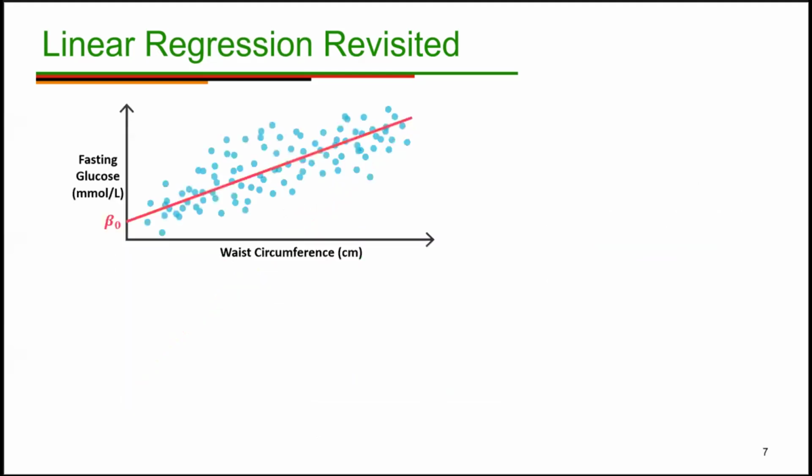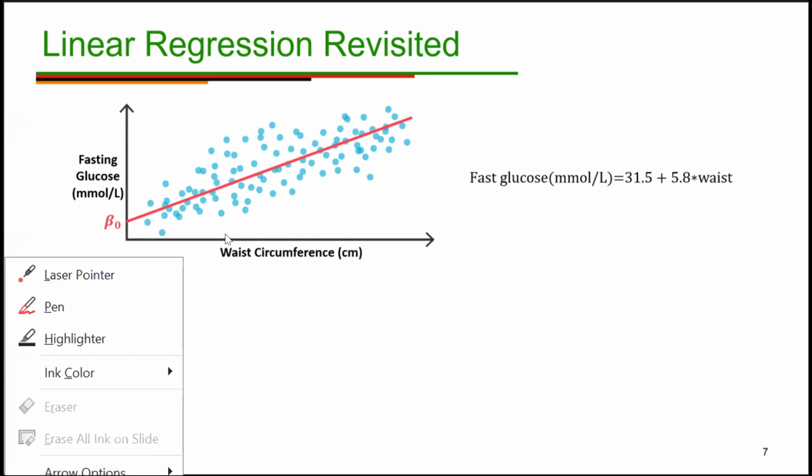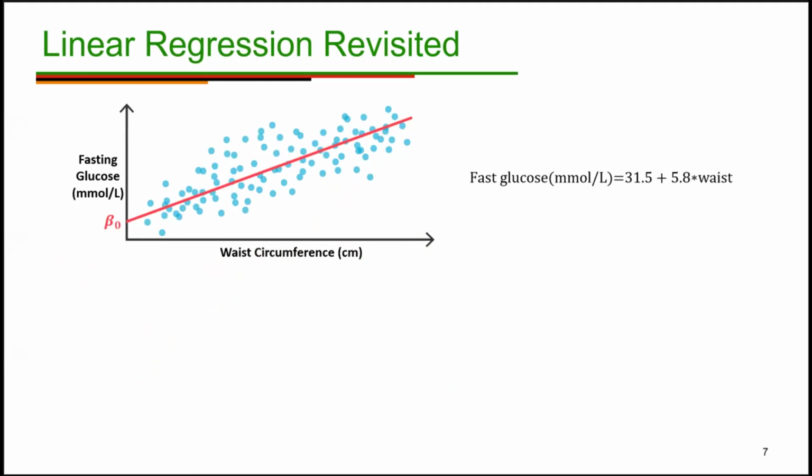So let's take the example that we've been talking about. How would we explain the beta 1 in this example, which is the 5.8 millimoles per liter? So I just want to check who can explain this for us. Okay, who hasn't said anything so far? We can go to Martin.